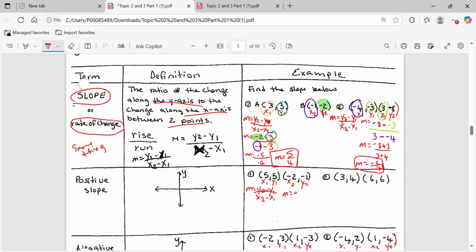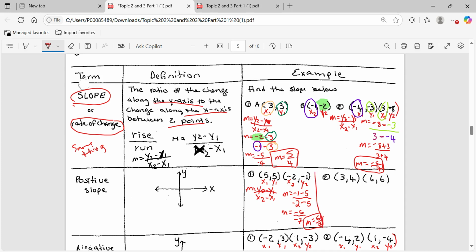Your m is equal to negative 1, that's y2, minus y1, which is 5, divided by x2, which is negative 2, minus x1, which is 5. So that your slope is equal to negative 6 over negative 7, which is just positive 6/7.